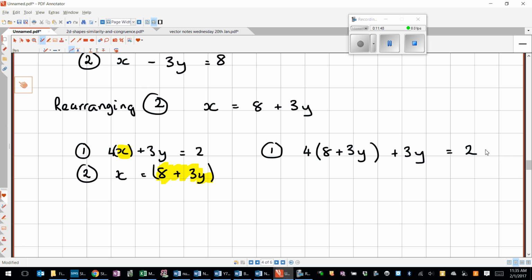Okay. So this looks like it's working out okay, yeah? Talk me through it then. So then you do 32 plus 12y equals 2.